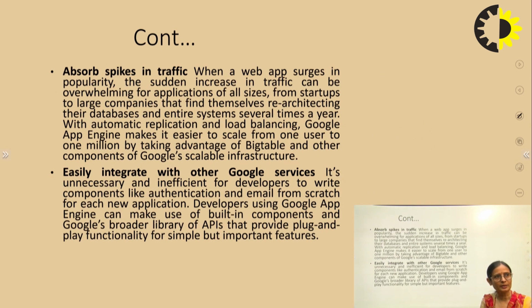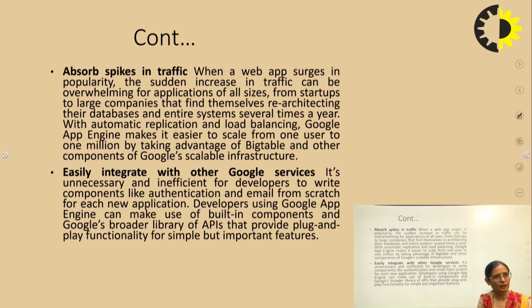It absorbs the spikes in traffic. That is, when a web app surges in popularity, the sudden increase in traffic can be overwhelming for certain applications. These spikes might be faced by startups or well-established companies.